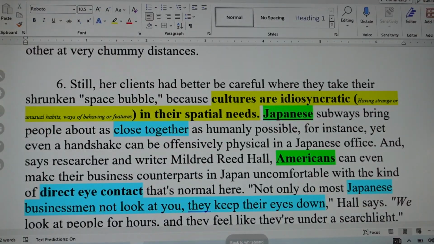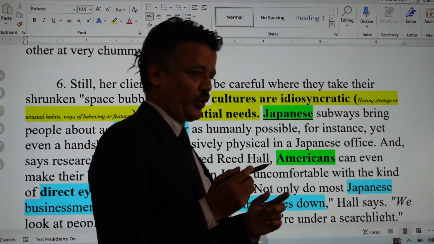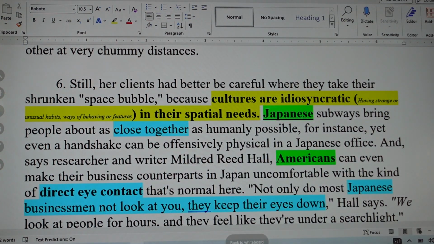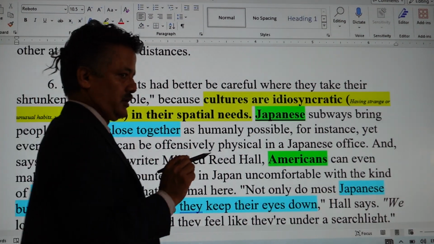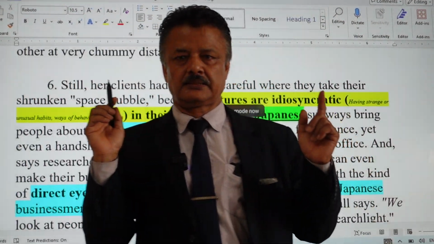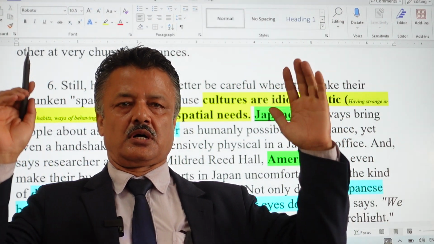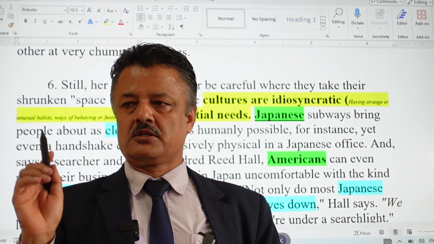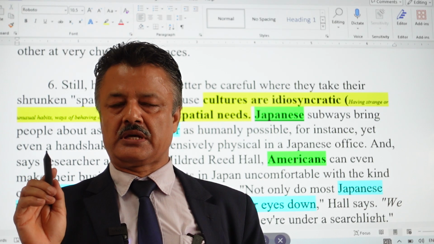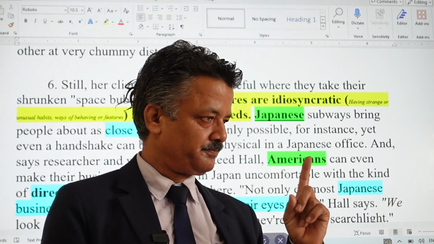Okay, let's begin. So yesterday, which paragraph were we discussing when our class ended? 6. So we said that the body of the essay develops from the thesis statement.